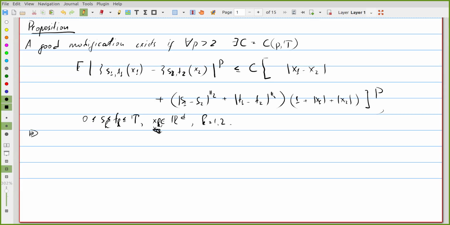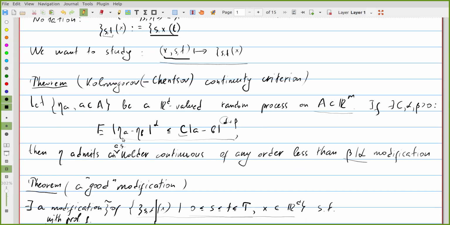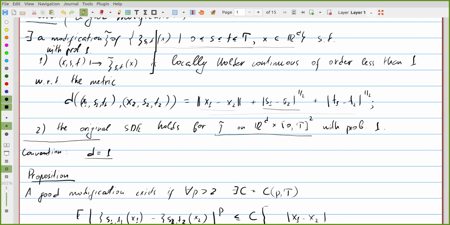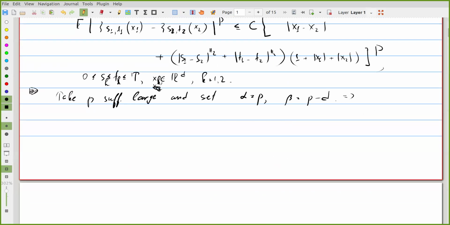Now, this is indeed a corollary of the Kolmogorov-Chentsov criterion. Here stands our original process, and we just take p sufficiently large and set alpha equal to p, and beta in the formulation equal to p minus d, and then beta divided by p, that is (p minus d) over p, is less than 1.